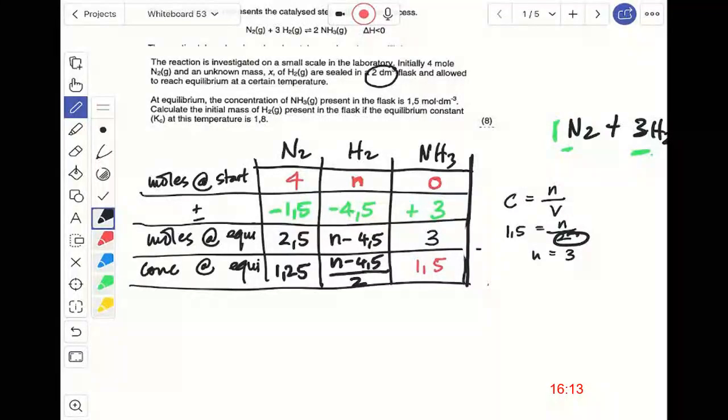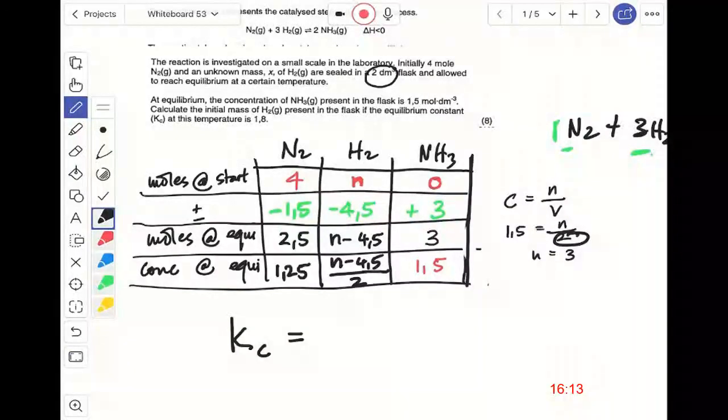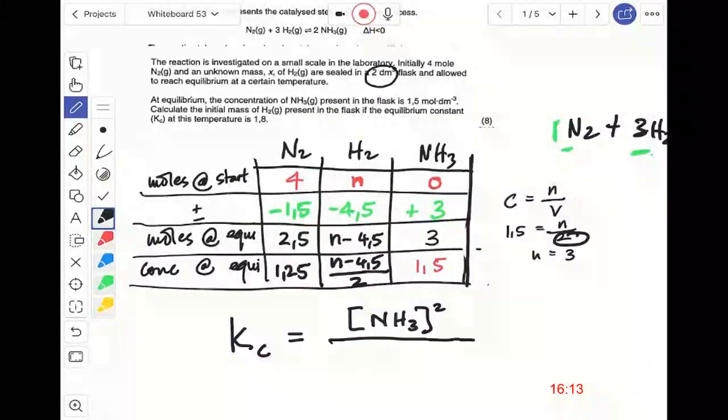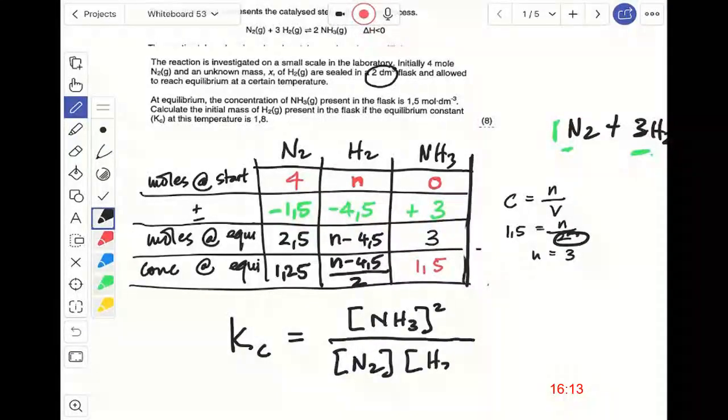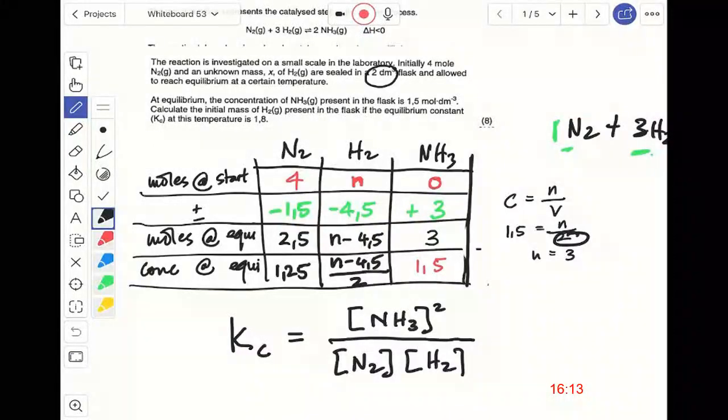Now when we set up our Kc, our equilibrium expression, the products, there are 2 of it, so it's squared. These are reactants. There's 3 hydrogens, so it's cubed.